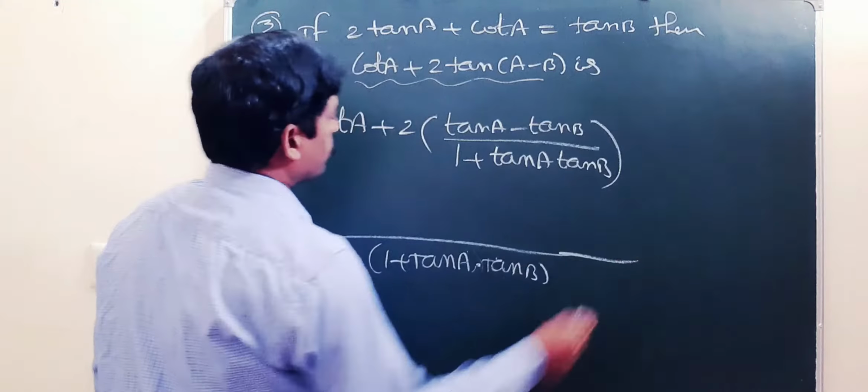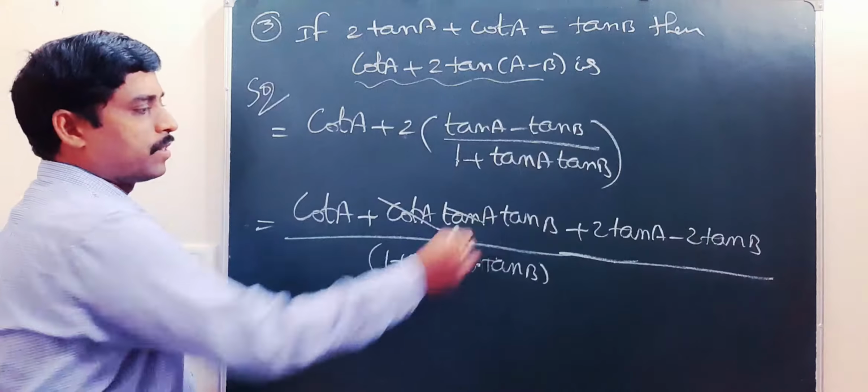So after LCM, it will be cot A into denominator, cot A into 1, cot A plus cot A into tan A into tan B plus 2. This 2 multiplies to all, 2 tan A minus 2 tan B. It will be cot A into tan A value 1.